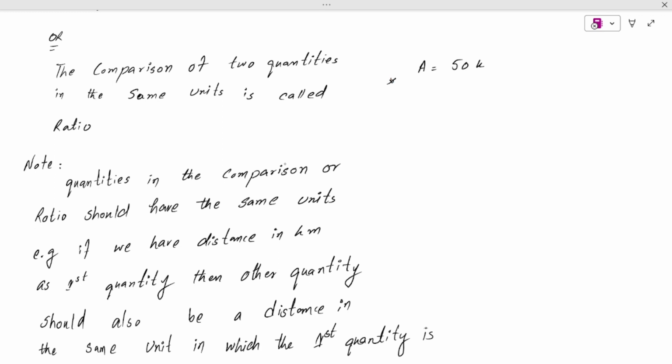For example, if A is equal to 50 kilometers and B is equal to 100 kilometers, then the ratio between A and B is equal to 50 ratio 100. That is 5 ratio 10. After simplifying, we get 1 ratio 2. So this is the ratio between two quantities A and B.